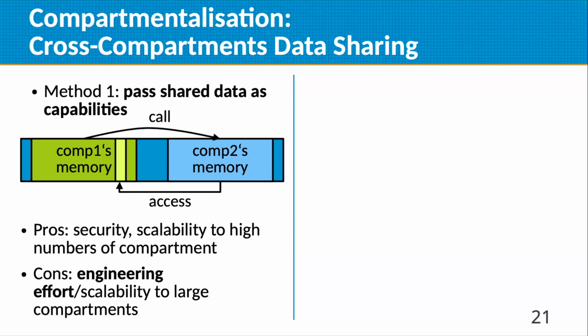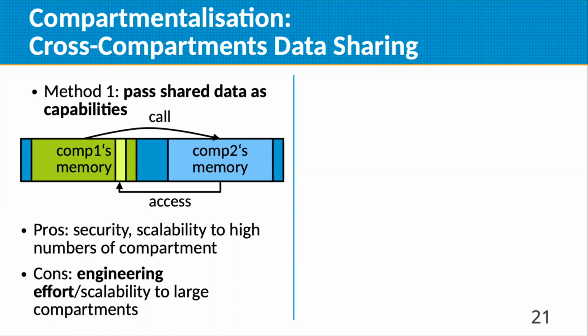So it's nice in terms of security, right? There is no oversharing. It's nice in terms of performance because we get very fast security domain switches. There is no data copy.